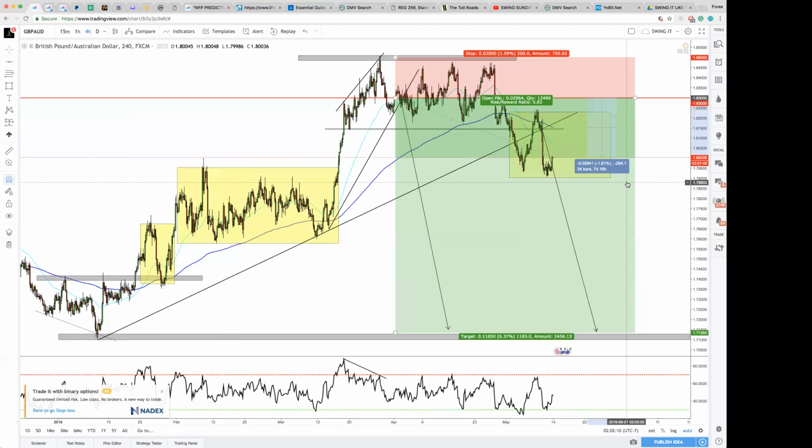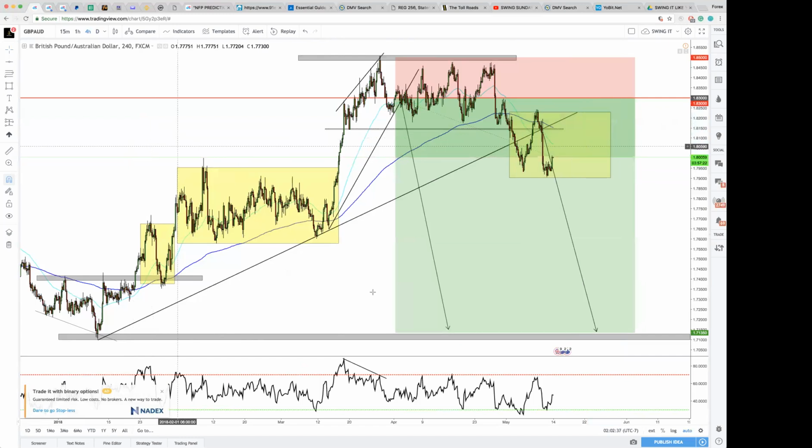It's around 294 pips in profit, but we're still waiting for more. All right, GBP AUD is taken care of.